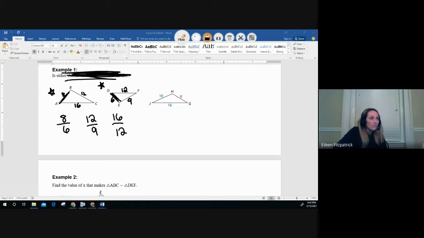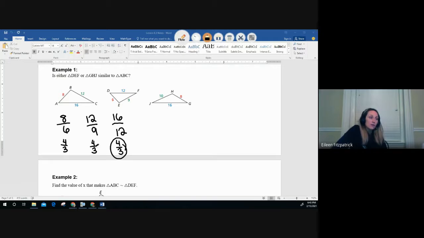Okay, now we don't have to do it that way because, like I said, they were very nice and highlighted and already named the triangles for us. Okay, now if I simplify, they are both divisible by 2, so that's 4/3. And they are both divisible by 3, so that's 4/3. They're both divisible by 4, that's 4/3.